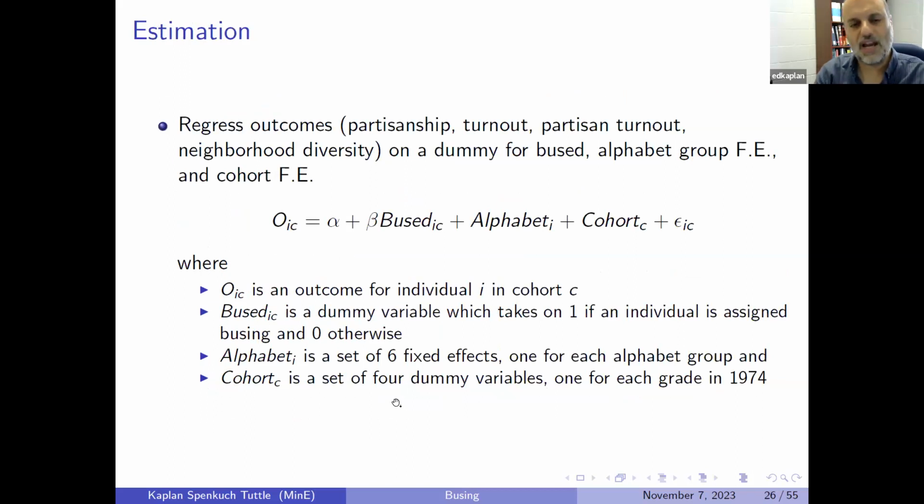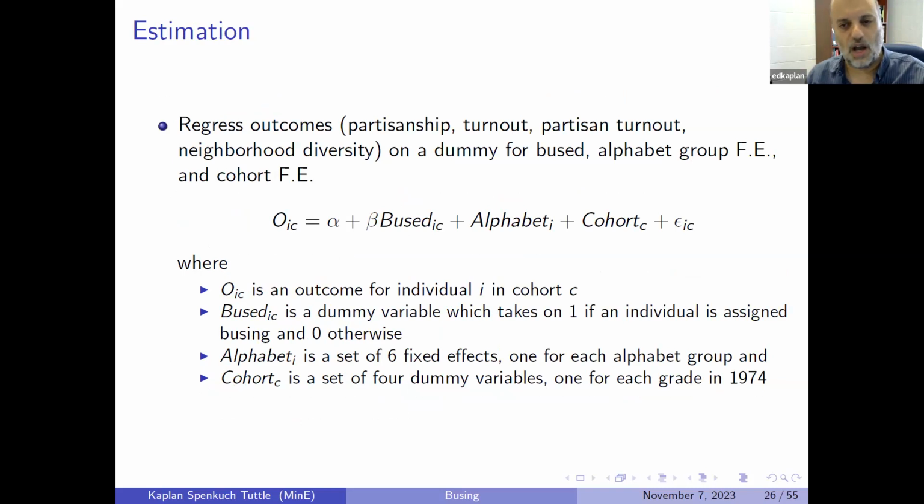And so our main regression equation, we're going to regress our outcome, the partisanship variable, on whether you're bused. We're going to put in alphabet group fixed effects, and then cohort group fixed effects. So what we're really going to be identifying off of, our main coefficient of interest, is going to be beta, the coefficient on whether you're bused or not.